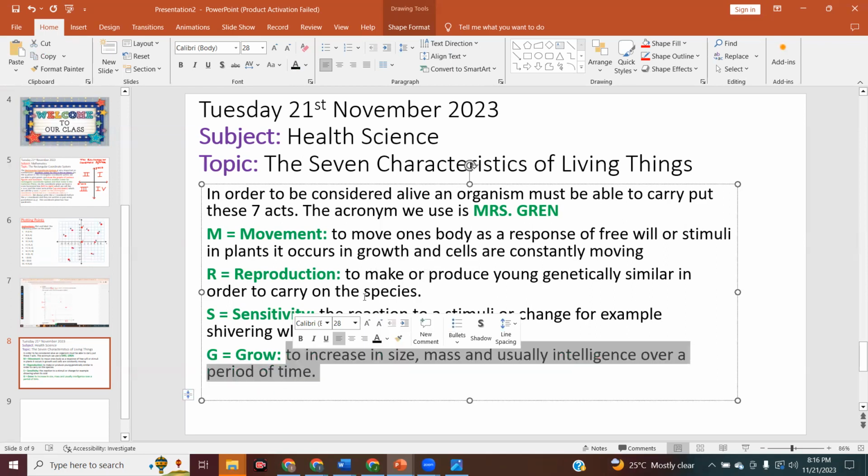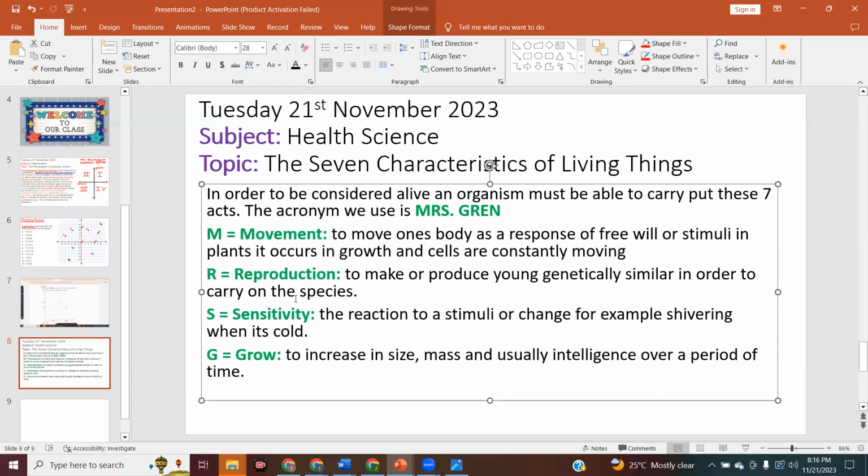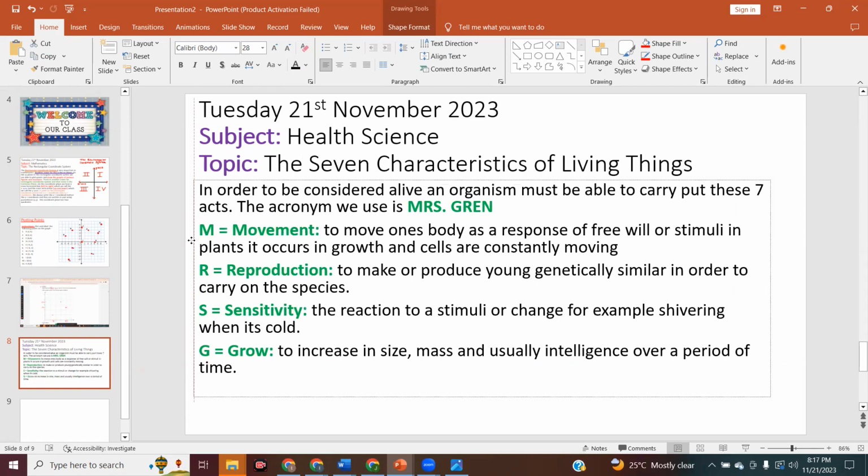That is growth. So every living thing moves, every living thing reproduces, every living thing responds to stimuli, and every living thing grows. Increase in size, increase in mass, usually intelligence over a period of time. So we have movement, reproduction, sensitivity, and growth.